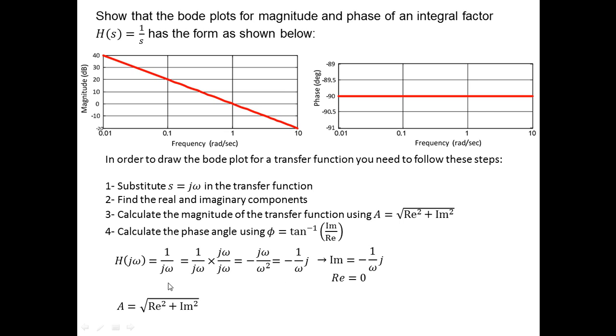If I want to calculate the amplitude or magnitude of the transfer function, I will need to use A equal to the square root of real squared plus imaginary squared. By substituting these values of the real and imaginary parts, I will have an expression equal to 1 over omega. So the amplitude is equal to 1 over omega.